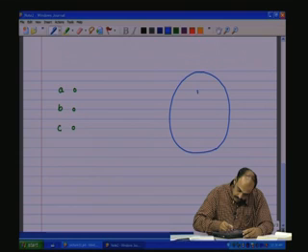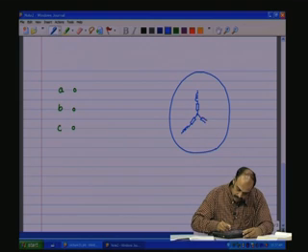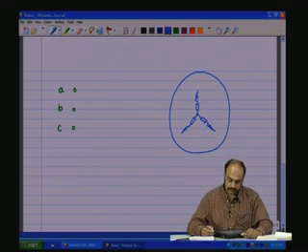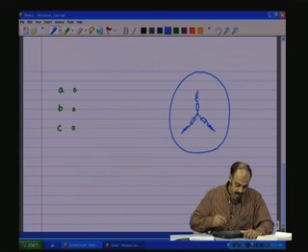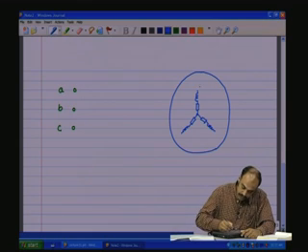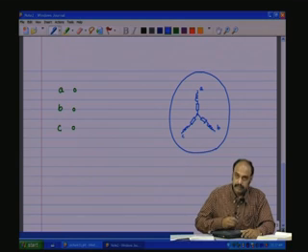So, let us have the equivalent load which is like that. So, this is our load. Now, we have the A phase terminal, the B phase terminal and the C phase terminal.